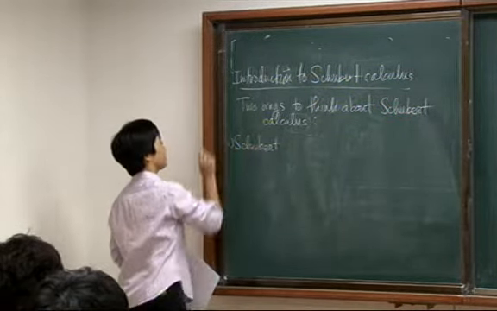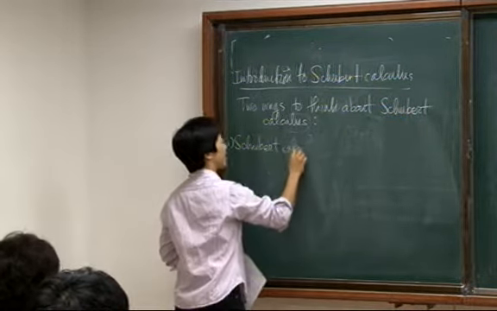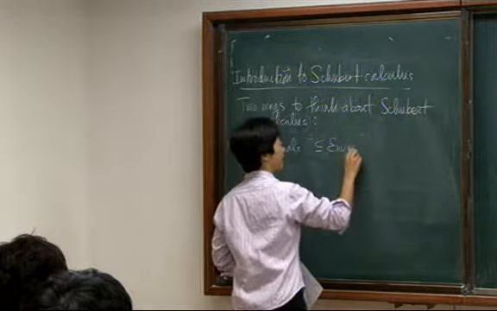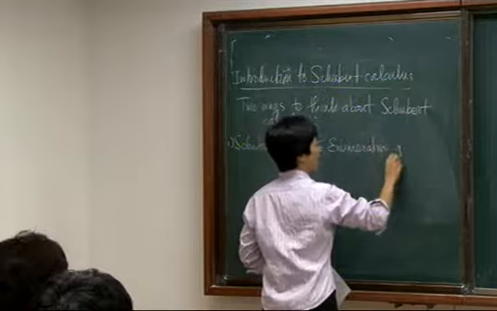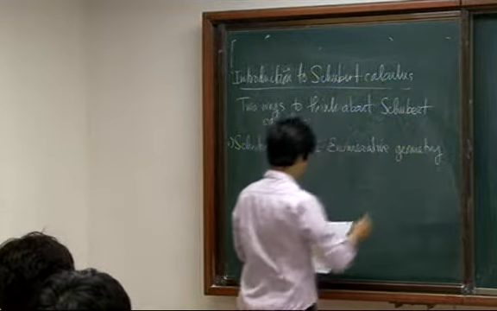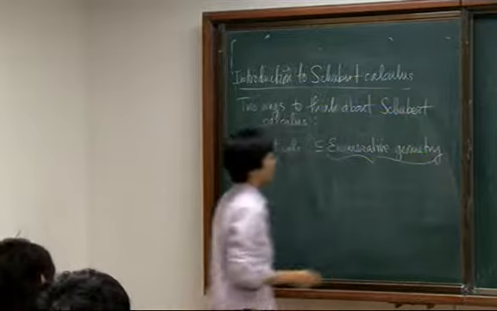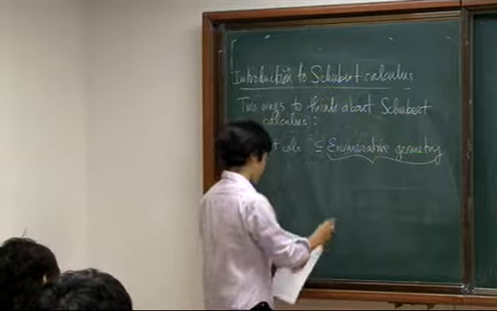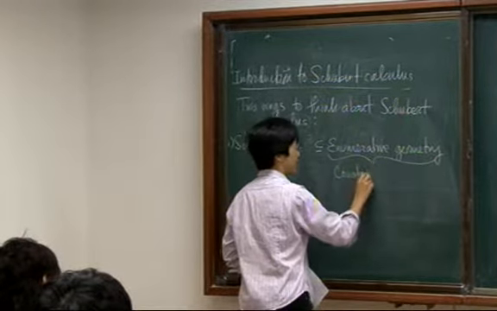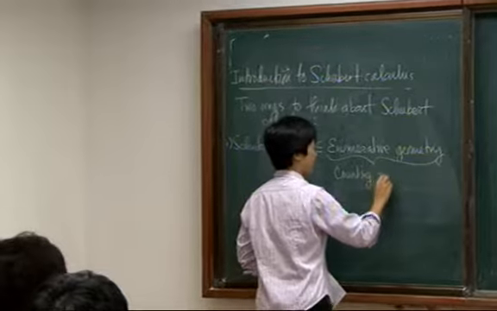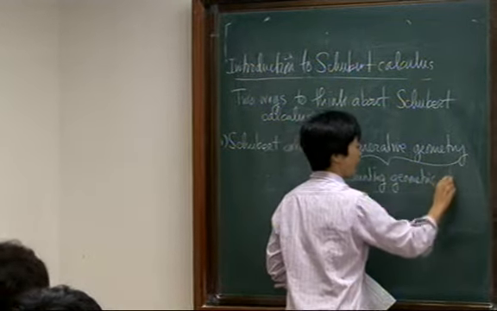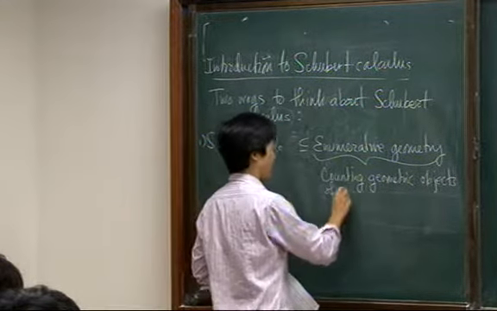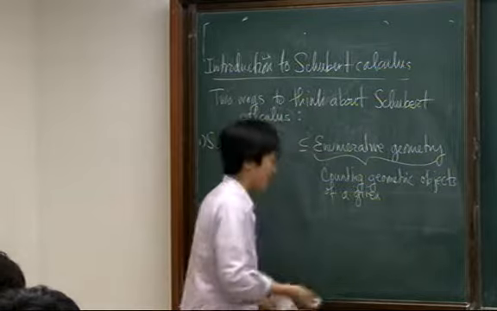So one way is to say, okay, Schubert calculus somehow sits inside enumerative geometry. What do I mean by that? I will give more examples in just one moment, but before I do that, let me say some general words. This is about counting some kind of geometric objects of a given type that satisfy some given set of geometric conditions.